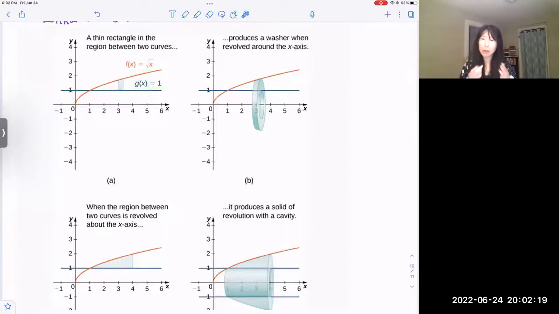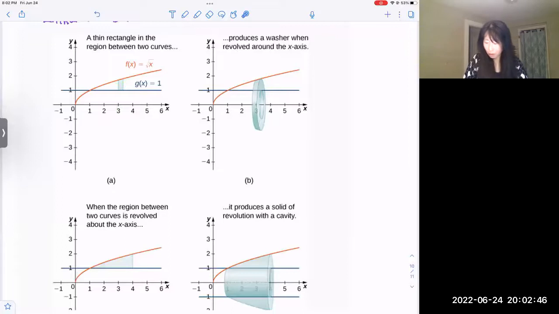Same concept, we make a thin rectangle and then generate the shape, right? In this case, they revolve around the x-axis, which means rotating about the x-axis, right? So this creates a shape like this, okay?